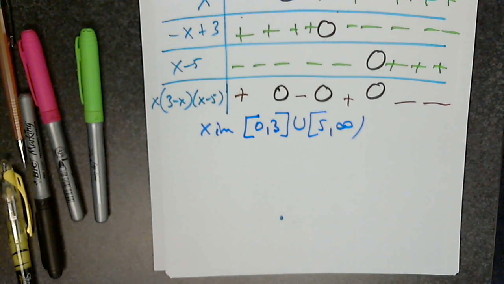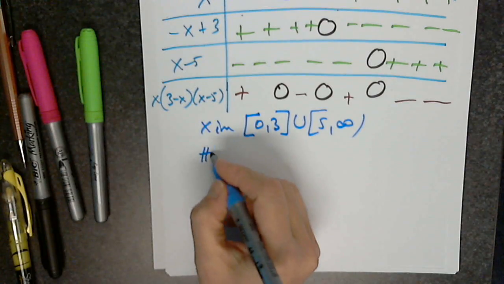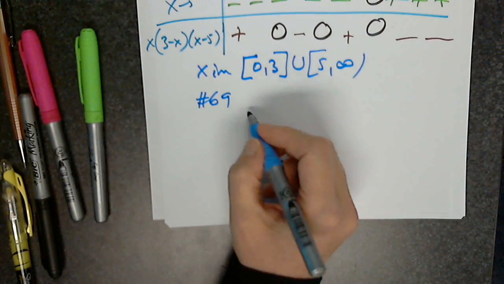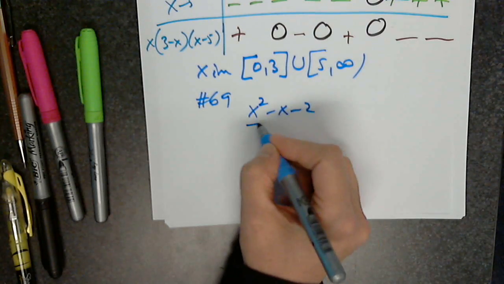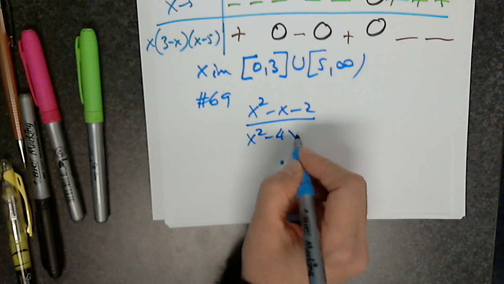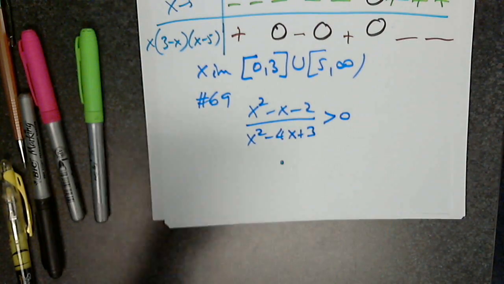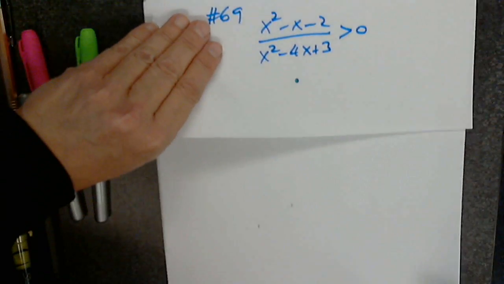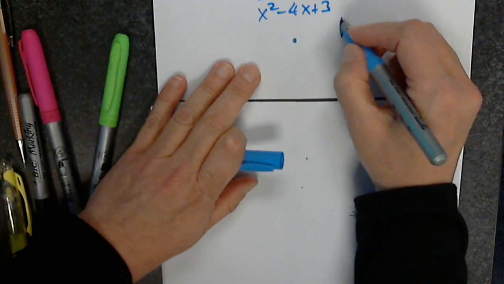Is this clear? Okay, let's look at a ratio this time. Let's say 69. X squared minus x minus 2, everything divided by x squared minus 4x plus 3 greater than 0. This inequality is a rational inequality.